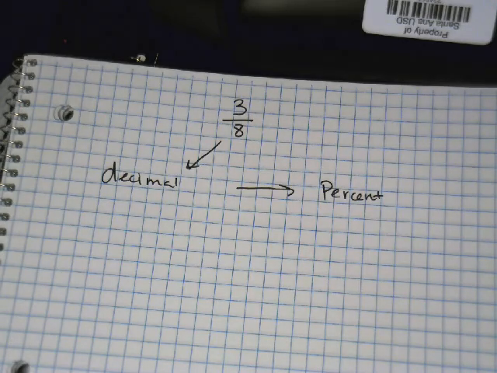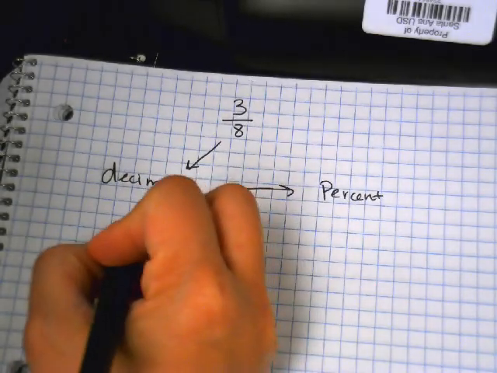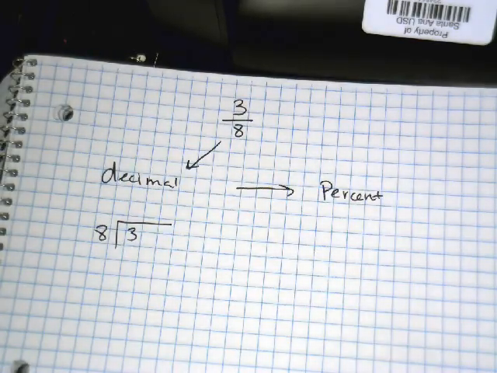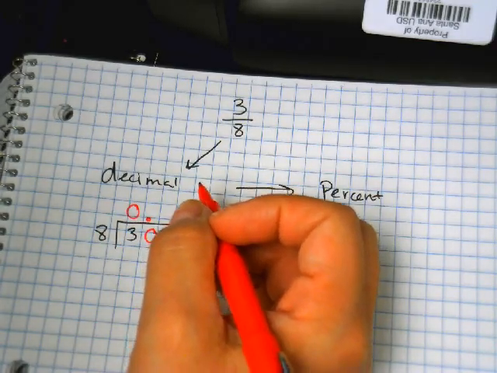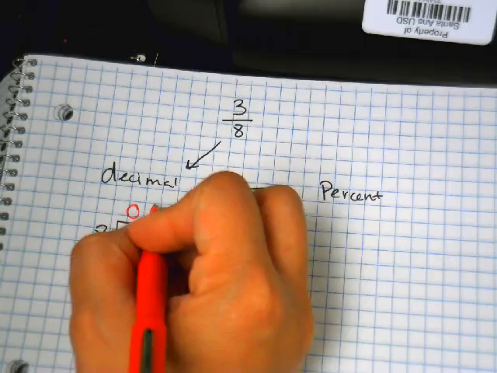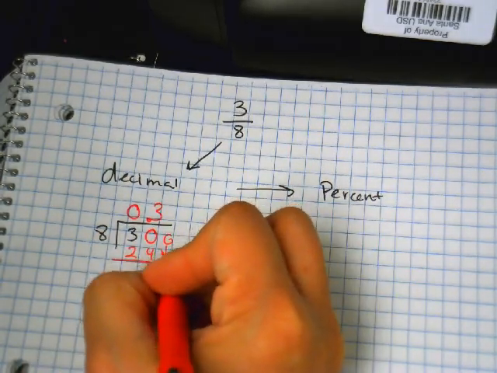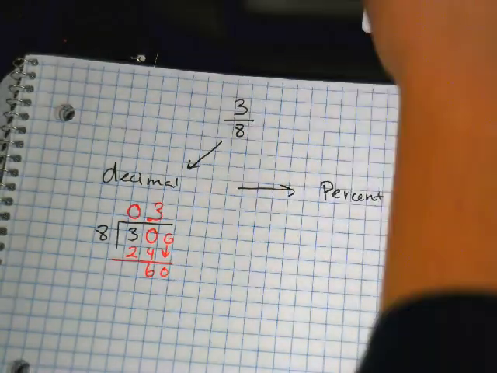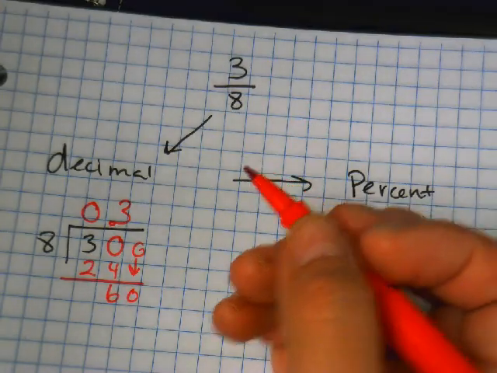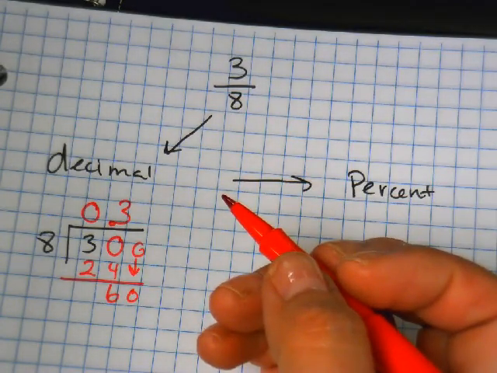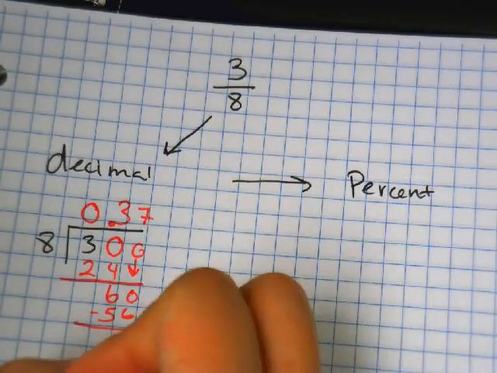All right. Did we get the decimal? Yeah. Okay, 8 goes into 67. 56.